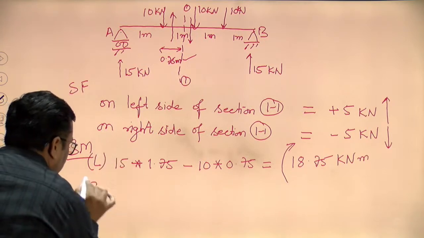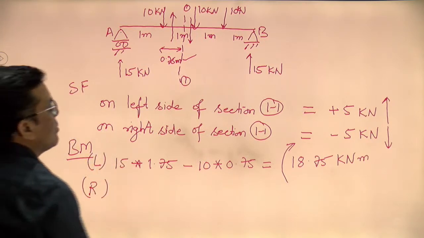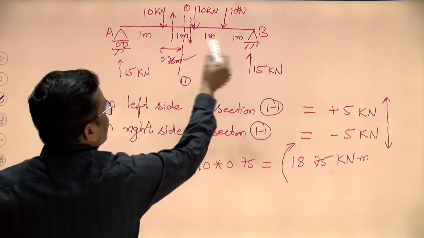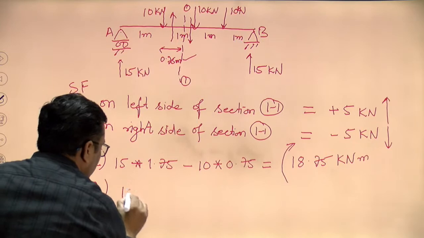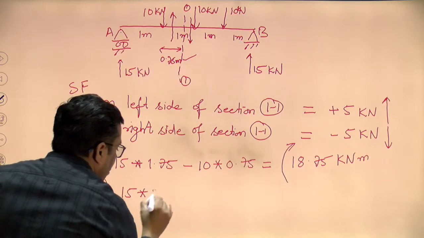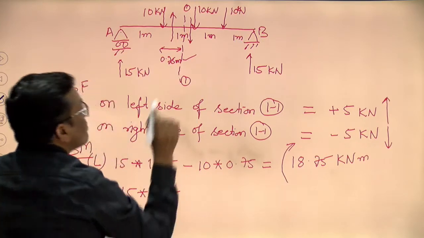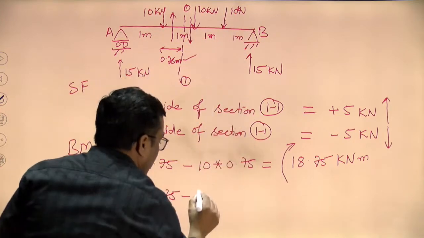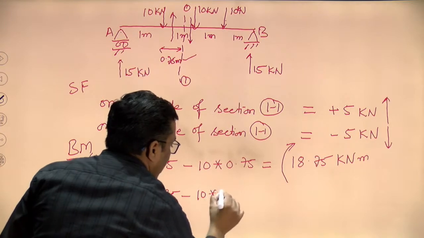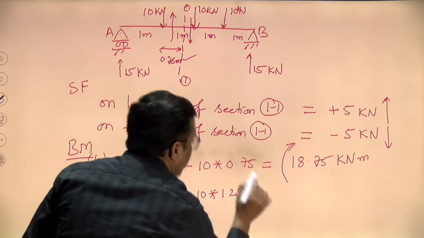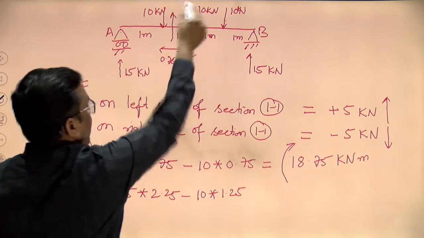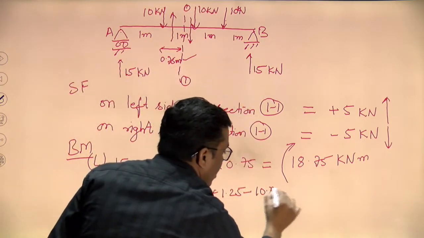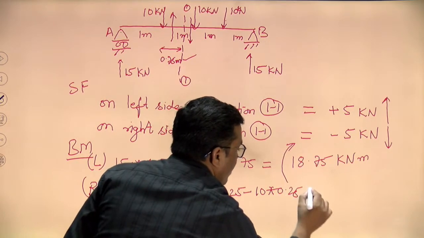On the right side of the section plane, now come to this. This 15, how far is it from the section plane? It is 2.25. So 15 into 2.25. Then I am coming to this one, minus 10 into 1.25. Then I am coming to this 10, which is on the right side, minus 10 into 0.25.